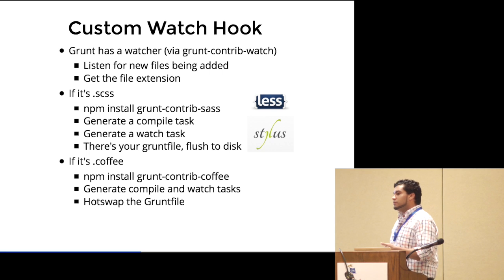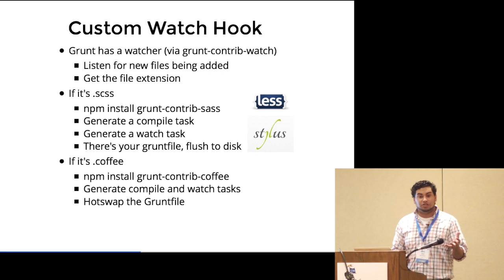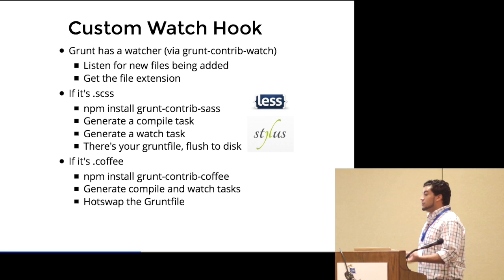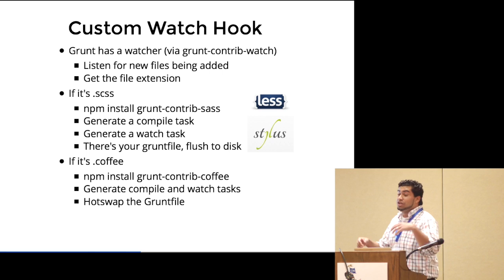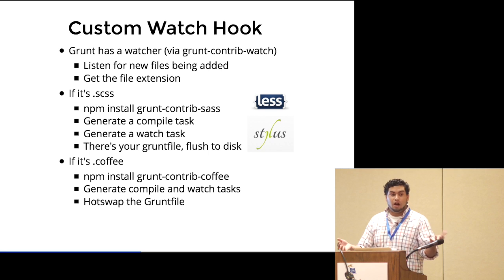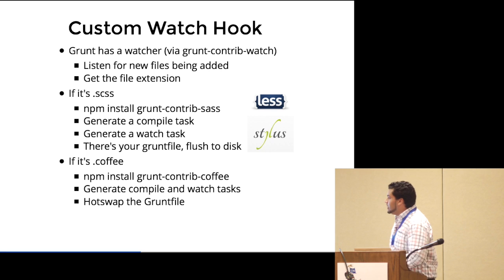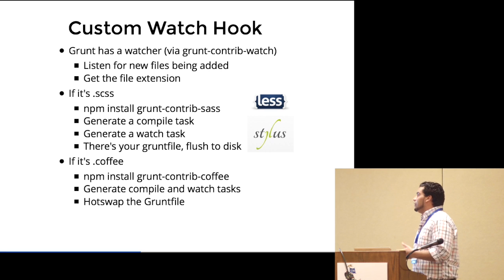Now let's talk about CoffeeScript. Same technique. We're looking for a particular file extension, .coffee. And again, very, very similar set of steps that need to take place. npm install grunt contrib coffee, generate a compile object here that says, hey, look for all CoffeeScript files and compile them, and here's where you store the JS compiled output. Here's the watch task.